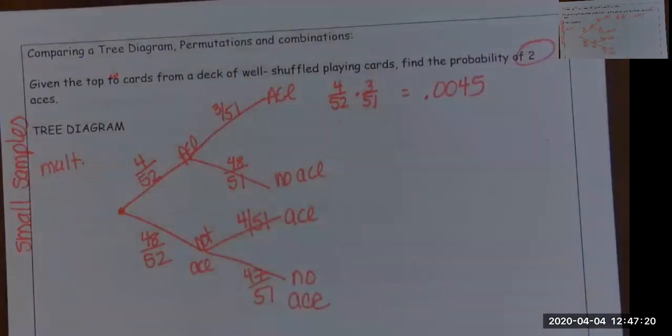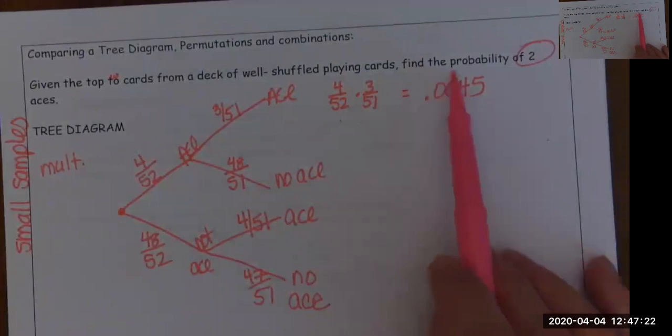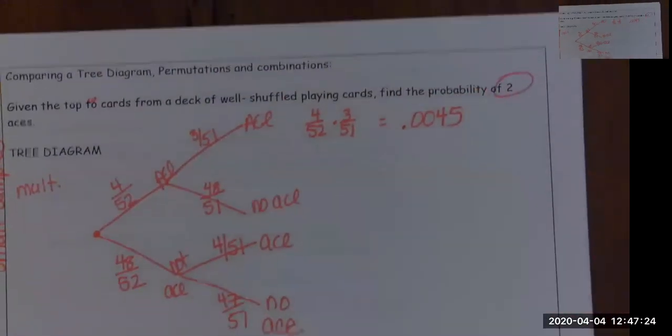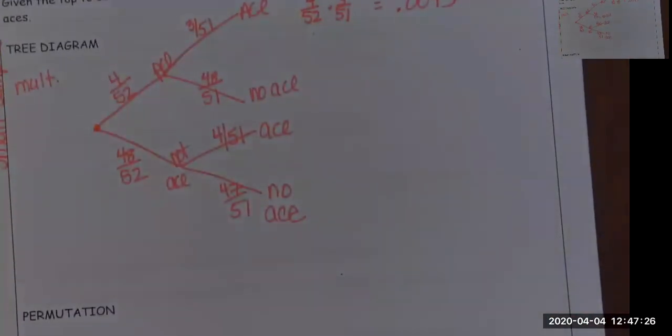Now I could work all the rest of these out, but we're interested in the probability of 2 aces. So the probability of 2 aces, if I pick 2 cards, is 0.0045. Okay? Now let's look at a permutation where arrangements matter.